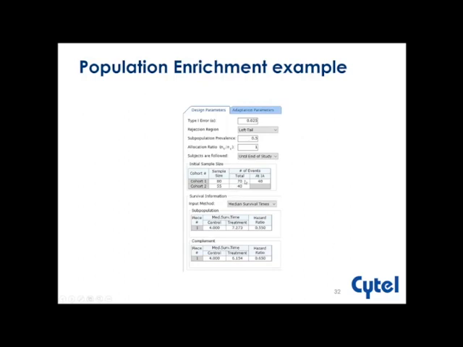Now, this standard group sequential method may work well if the population were actually homogeneous. But suppose that the treatment effect in this case is not as strong in the biomarker negative patients, right? So you can see the hazard ratio here of 0.65 compared to the biomarker positive patients at 0.55.